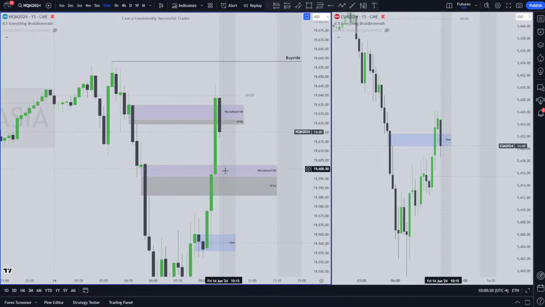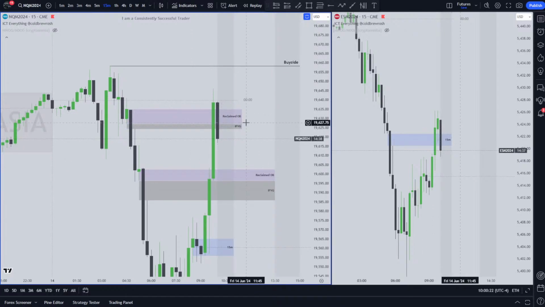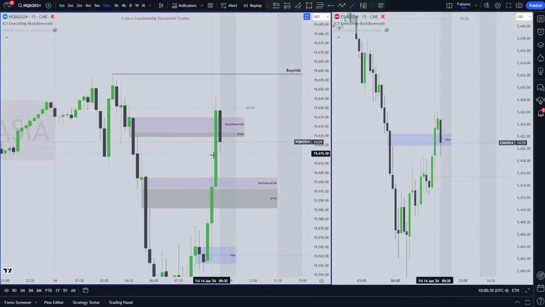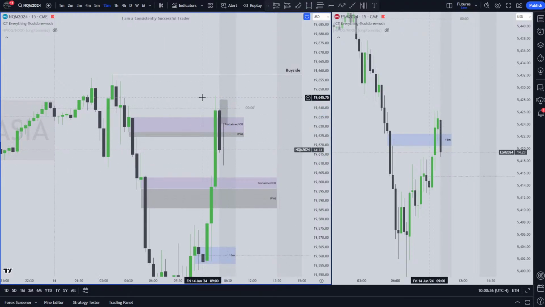It still could retrace down into this bit, but remember, we're not looking at wicks. The candle is live right now. So when this candle closes, it might end up being a fat wick, and the body might close here, which would show that it respected these PD arrays. Because wicks do the damage, body tells the story.